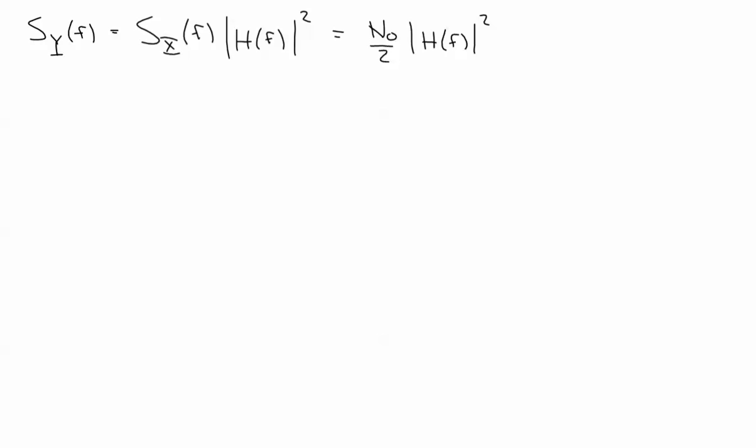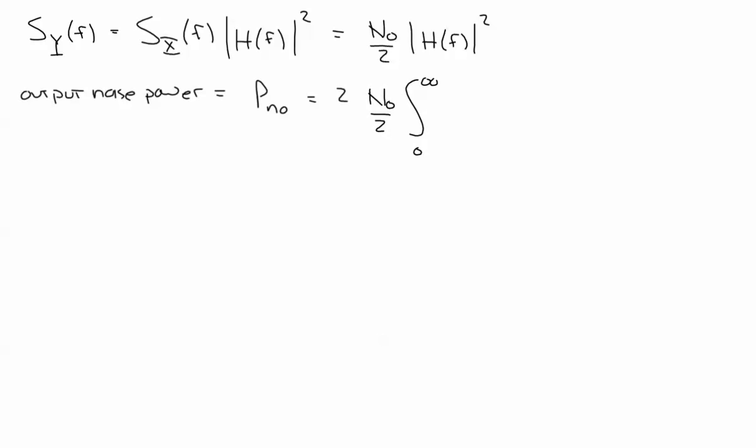The output noise power, we'll say P sub N0, is going to be 2 times the integral of N0 over 2, integral from 0 to infinity.